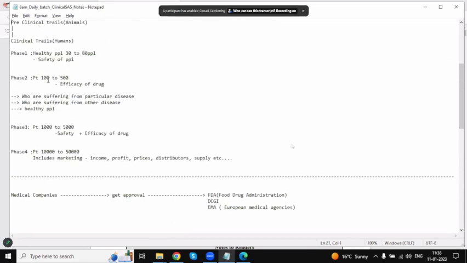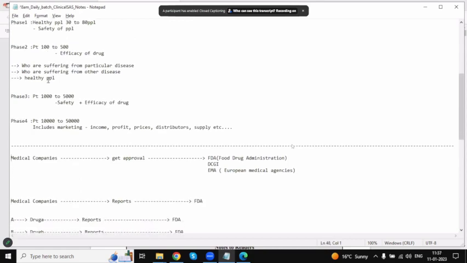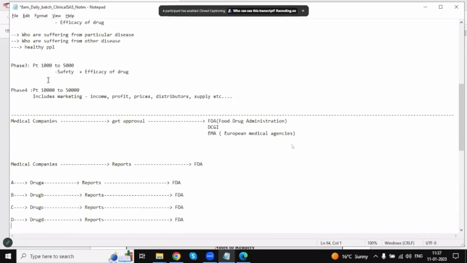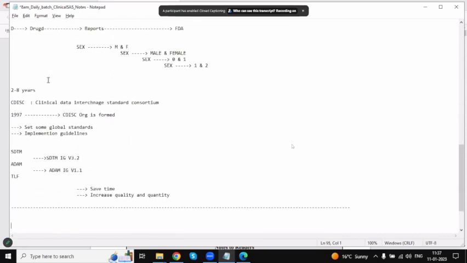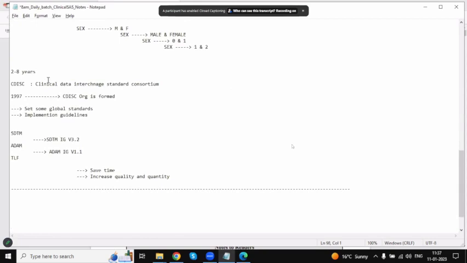Okay. Any questions up to here? Now you understand, right, everyone? What this medical company is doing, how CDISC evolved. Any questions, anyone? Anyone have anything?